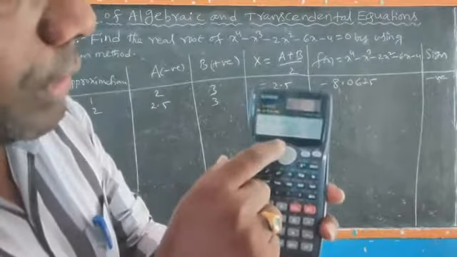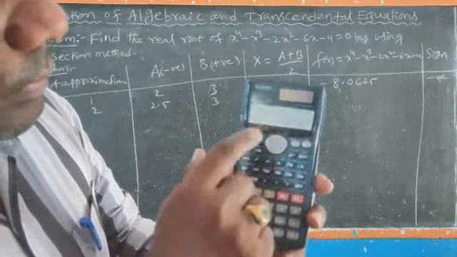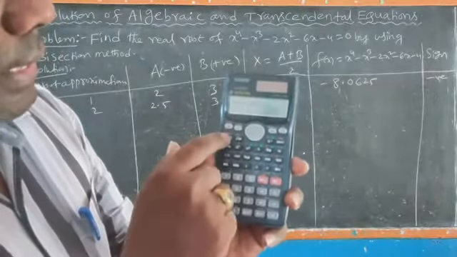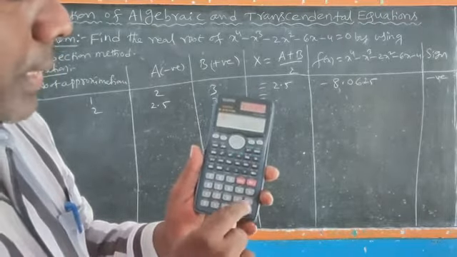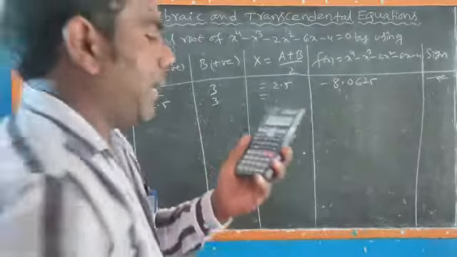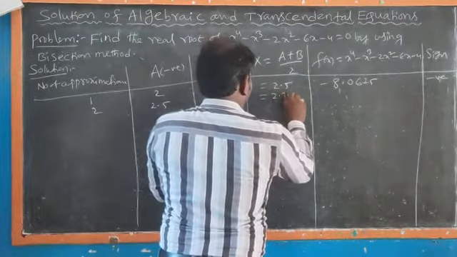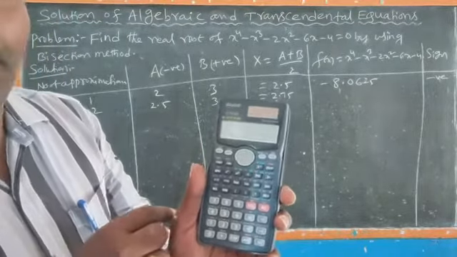Now we get the bisection method formula, x equal to (a plus b) by 2. Go back to the formula. What is a? 2.5, equal to. What is b? 3. Then we get 2.75. Next go back to the equation and put x equal to 2.75.